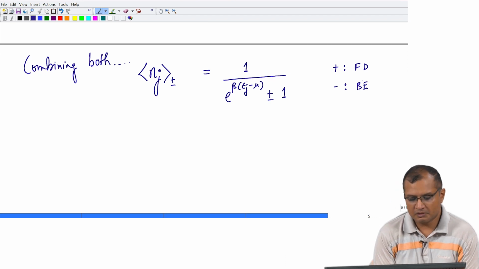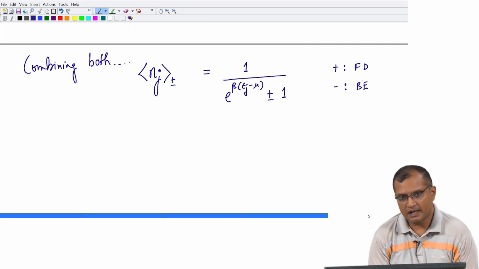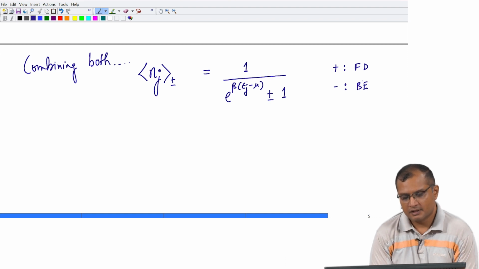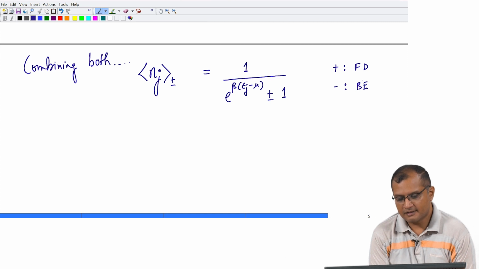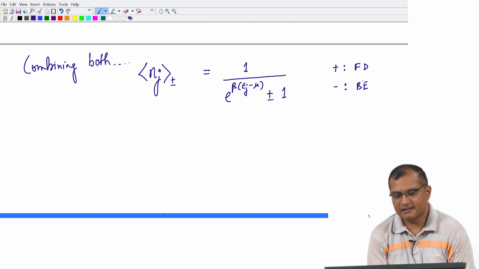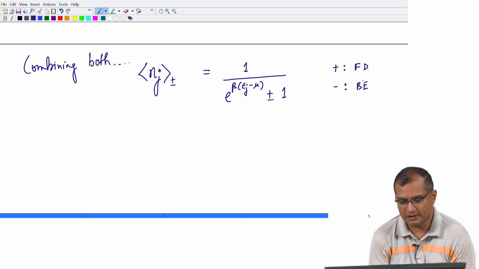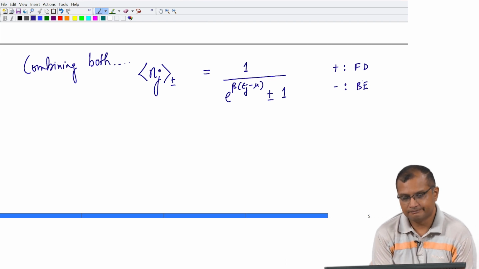So, these two constituents, ions and electrons, satisfy different types of statistics, and hence their contributions to the overall heat capacity of low temperature solids are very different, and we shall see this in the next lecture.